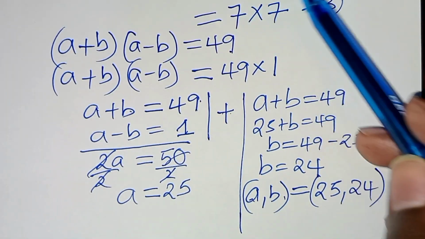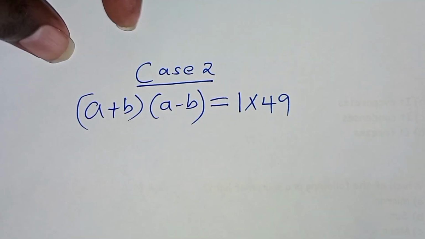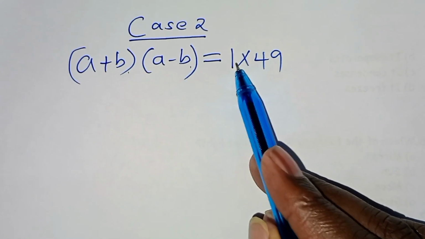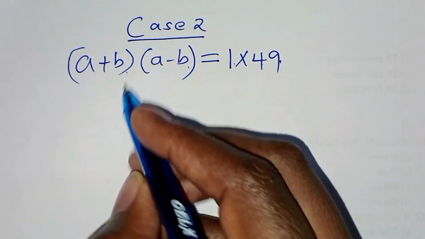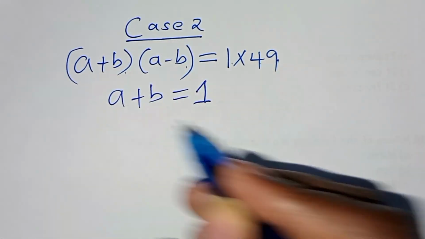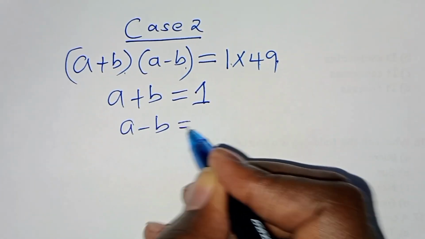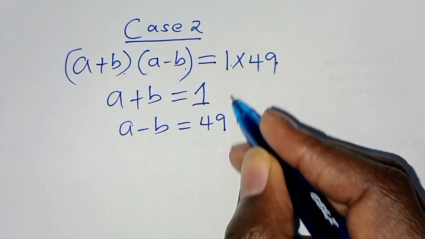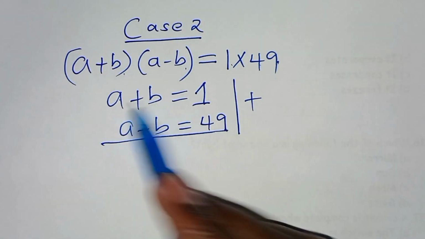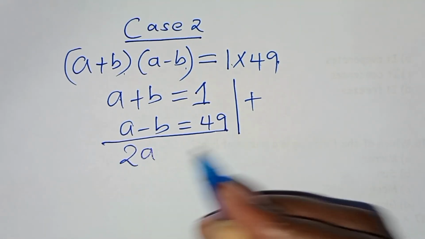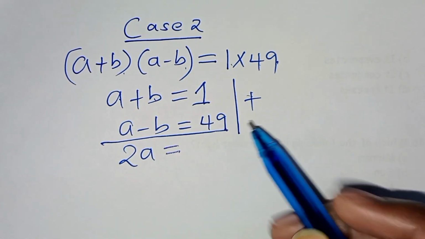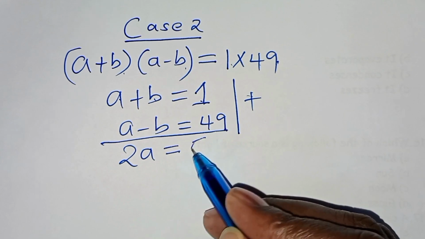So let's solve for case 2. For case 2 here, we have a plus b, a minus b is equal to 1 times 49. So a plus b is equal to 1, and a minus b is equal to 49. Let's add these two linear equations. a plus a is equal to 2a, b plus minus b simplifies, and 1 plus 49 is equal to 50.